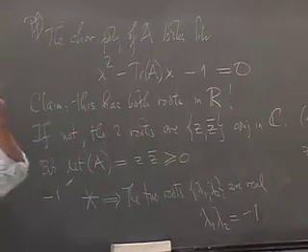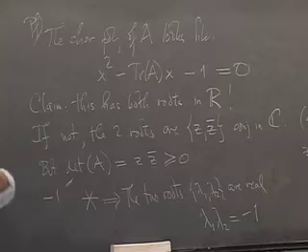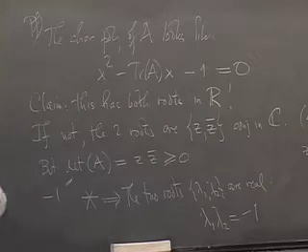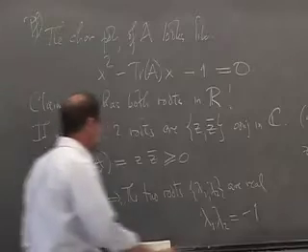But every root of the characteristic polynomial gives an eigenvalue for the transformation. Remember we showed that? And we showed the only possible eigenvalues for an orthogonal transformation are plus or minus 1.